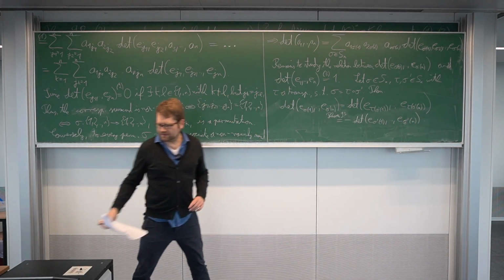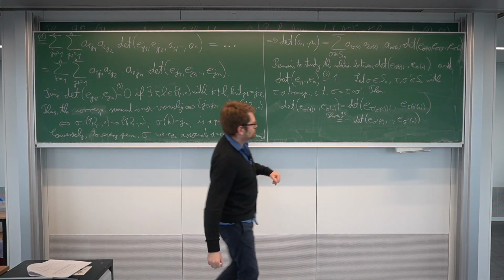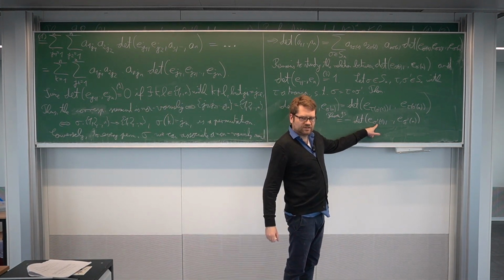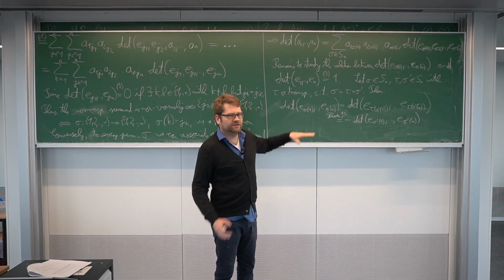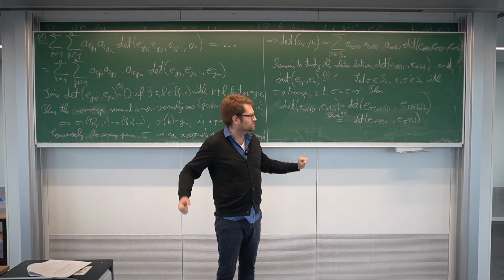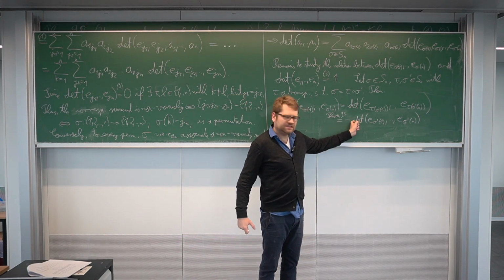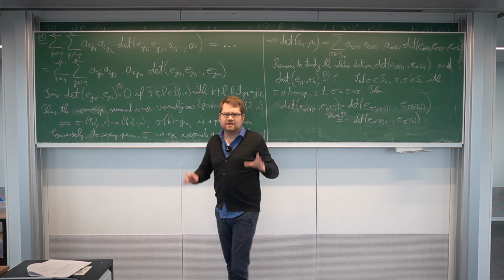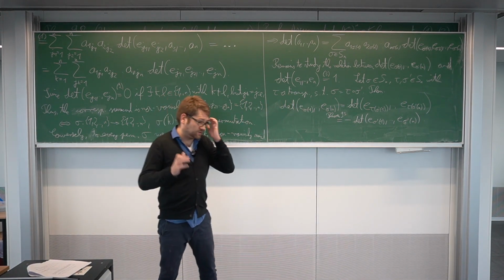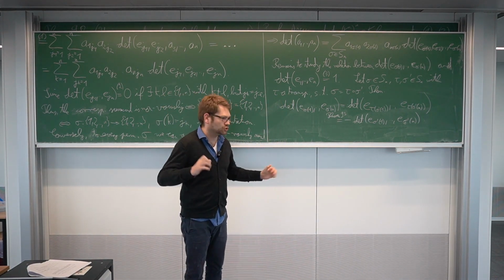Okay, so from this form here, we can now do this over and over and write this as a composition of k many transpositions. So if we have sigma itself given as the composition of k many transpositions, we can just do this k many times and always get a sign change. So the actual sign in the end would be minus 1 to the k, and this was by definition the sign of the permutation.